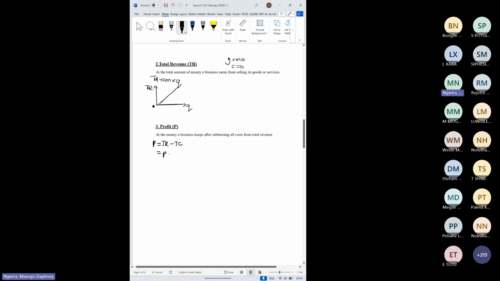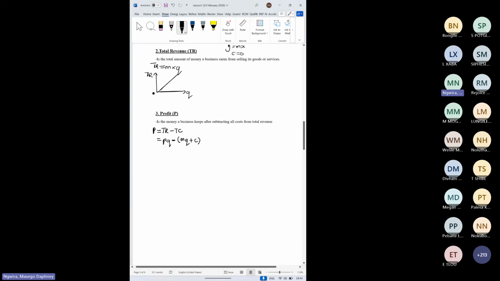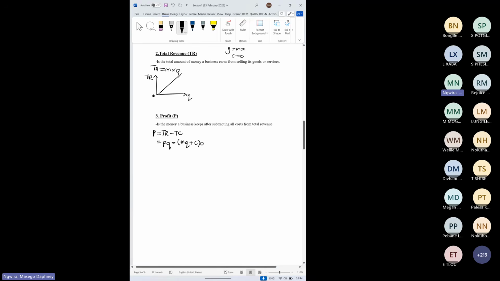It's PQ from your notes, and then minus, and then open bracket, and then your variable cost, I'm just gonna call it MQ, it's fine. MQ, then I'm just gonna use the plus C. For now, just bear with me. I just want to have a profit function. Obviously, in your assignment or quiz, you're gonna have an equation.